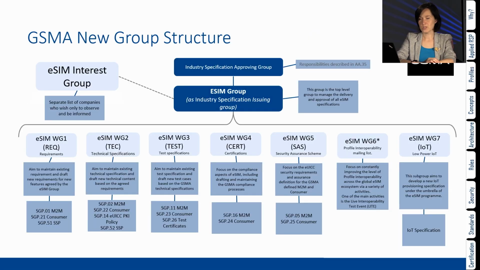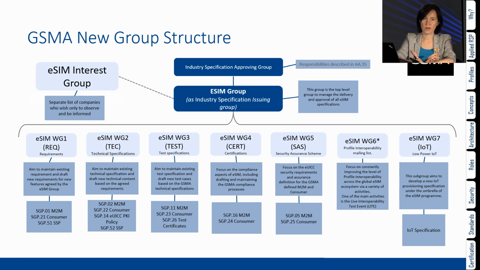Okay, so now let's sort the specifications to the corresponding groups, who produces what. Here we have the more detailed view on this. Starting from the very beginning, the ISAGs, the industry specification approving groups, have responsibilities described in the document called AA.35.